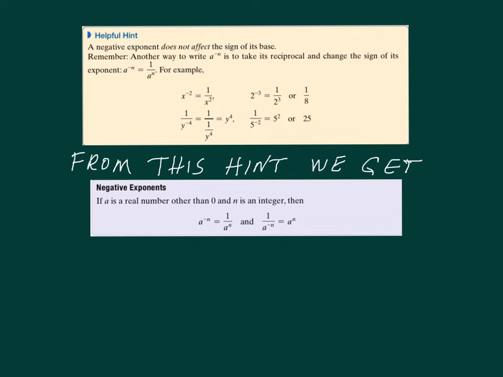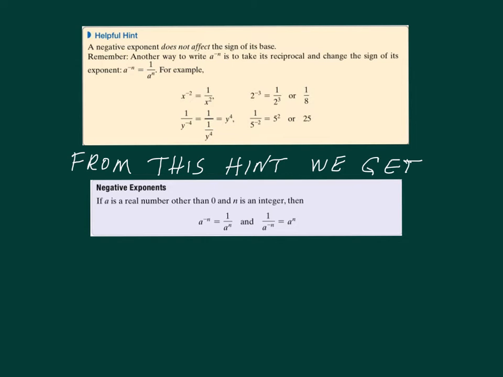Notice here the helpful hint states that a negative exponent does not affect the sign of its base. I just finished saying that. Doesn't change the sign of the base. Okay? So we have to keep in mind, take a minute and look at this slide and understand what's going on.